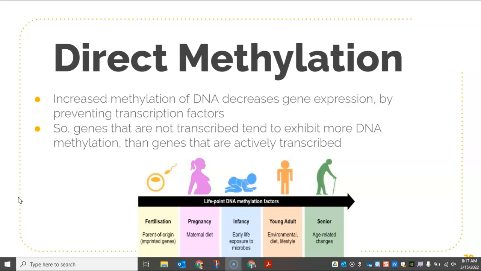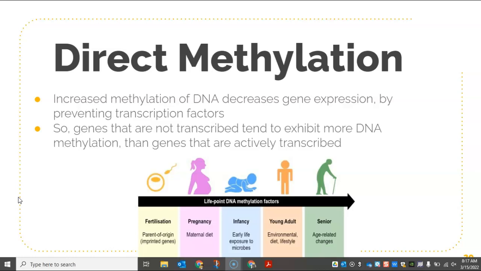When you're an infant, what you're exposed to as an infant is going to impact. If you're exposed to a lot of microbes, then maybe you need a higher amount of genes that are going to impact your immune system. Whereas if you're kept in a bubble, you're not exposed to anything, so your body doesn't know that it needs to make those kinds of things.